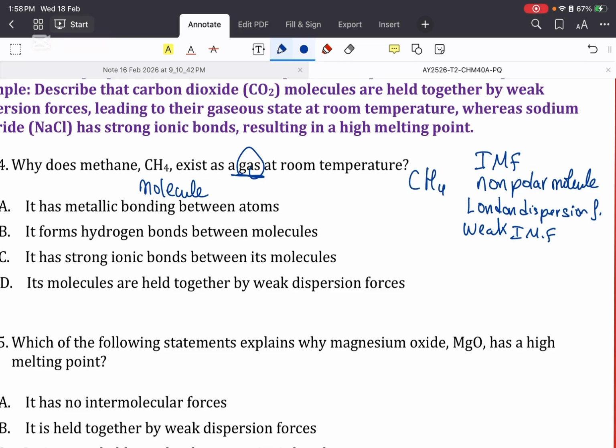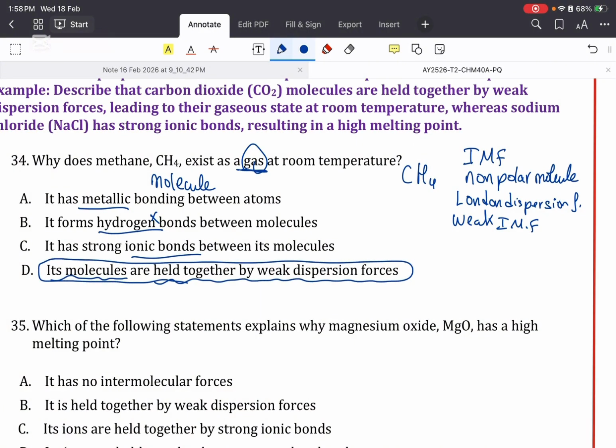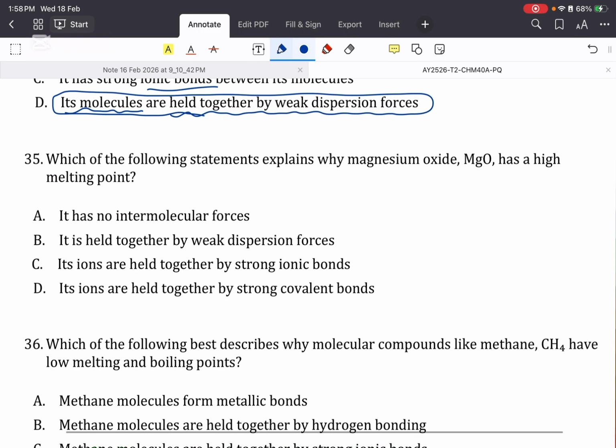This is why this molecule exists as a gas, because its intermolecular forces are weak, so they're not strong enough to make it liquid. It's not metallic bonding. It definitely doesn't form hydrogen bonds. It's not an ionic compound. It's a molecule, and the molecules are held together by the weak London dispersion forces.